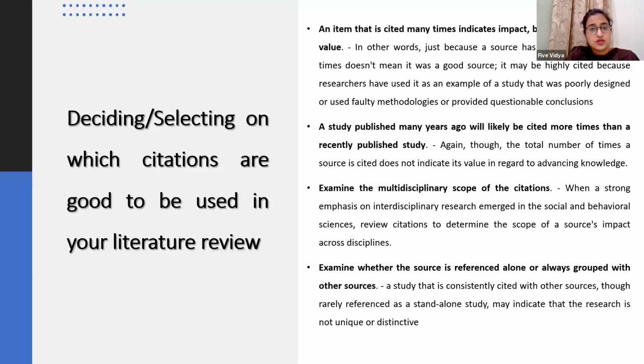Maybe the methodology was wrong, the research design was poor, the conclusion is questionable. So there could be a case that a reference has a good impact factor, but it may not have that good value. So you have to check whether it only has a good impact factor or whether it is contributing to knowledge as well.